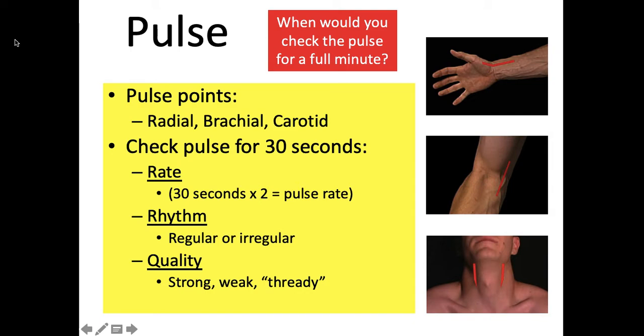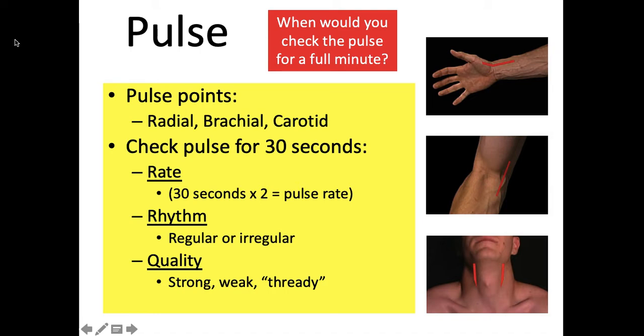And then quality is going to be kind of subjective, and it's going to be based on your experiences. But you're feeling the pulse. It should be easily felt, essentially. Now, how you do this is you locate, let's say we'll go with the radial pulse right now, and you take 2 fingers, more than likely your middle and index finger of your hand, and you place them over the pulse point that you want to obtain, and you just push in gently until you feel a pulse.